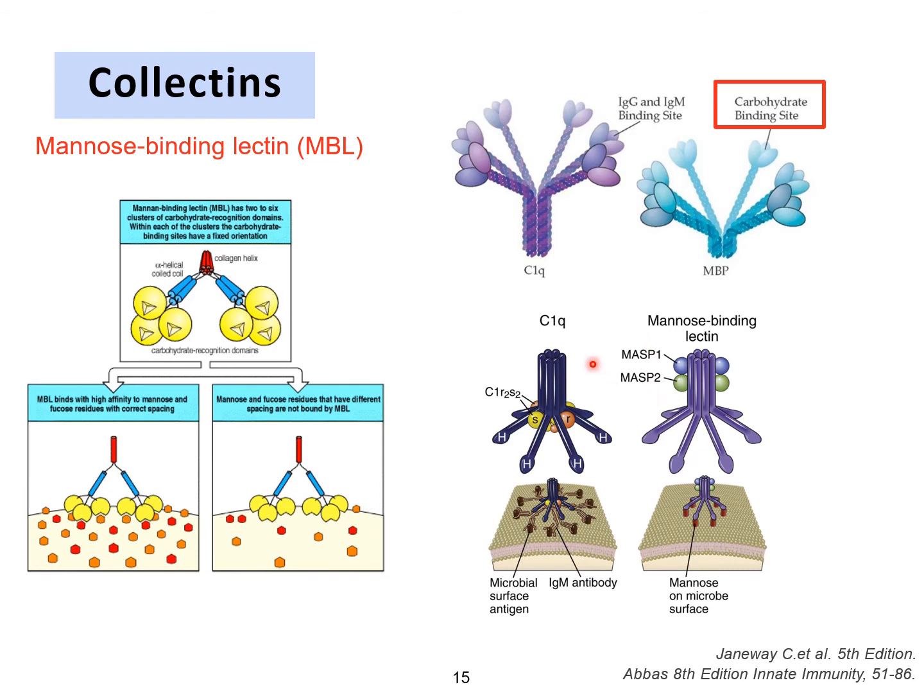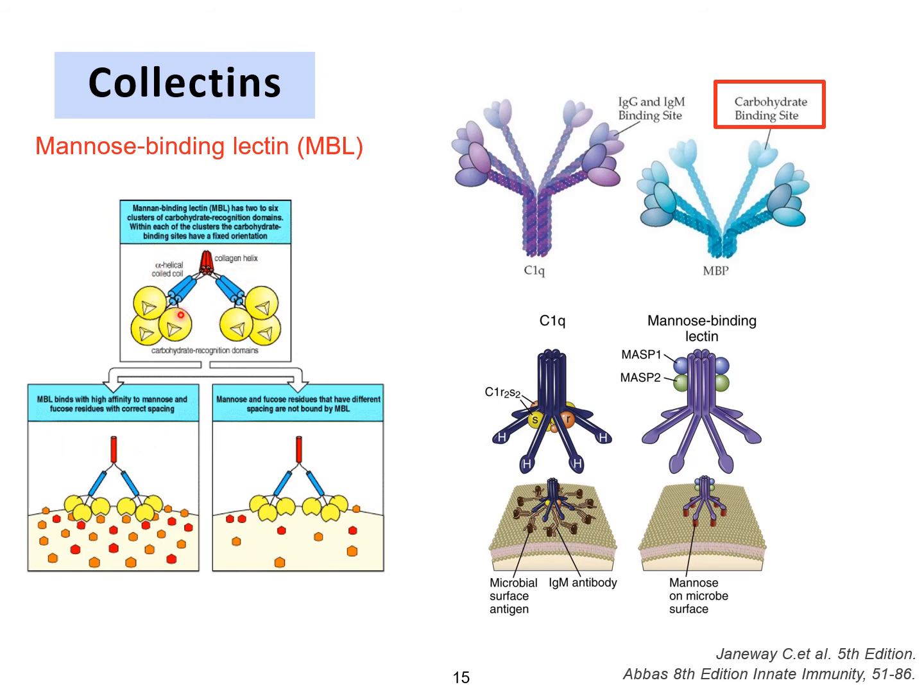You can see in this picture all the MASPs are coming and binding, and then on the microbial surface these are bound, and then it will cause cell lysis or complement system activation, any mode of killing of the cell will take place.